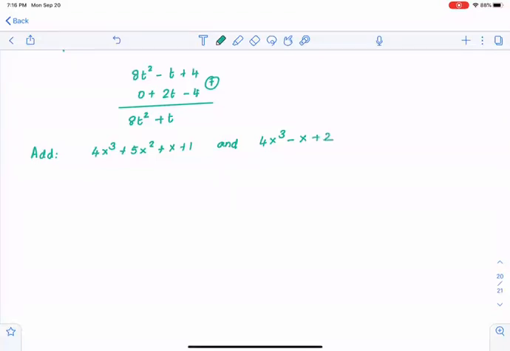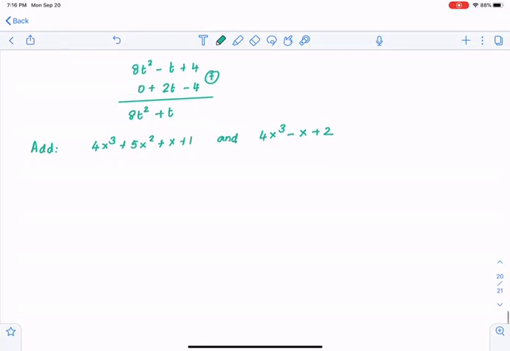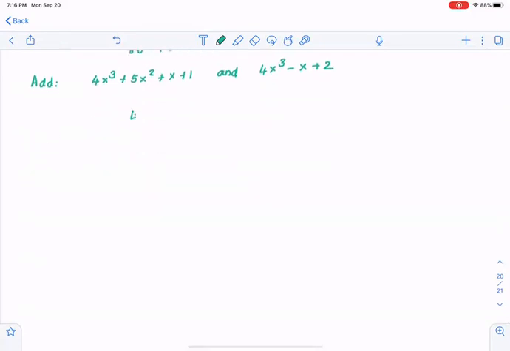So now we want to add 2 polynomials. The longer one is the first one, so 4x cubed plus 5x squared plus x plus 1. I'm going to add the second polynomial to it, so 4x cubed.